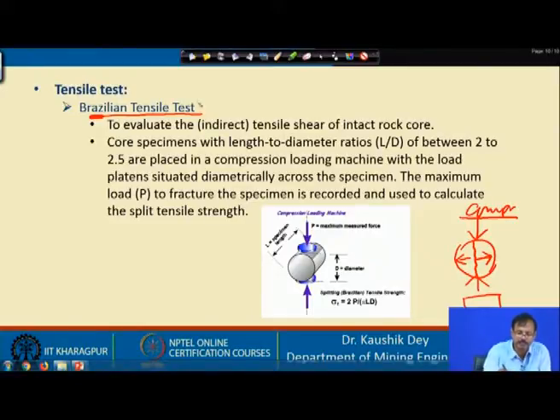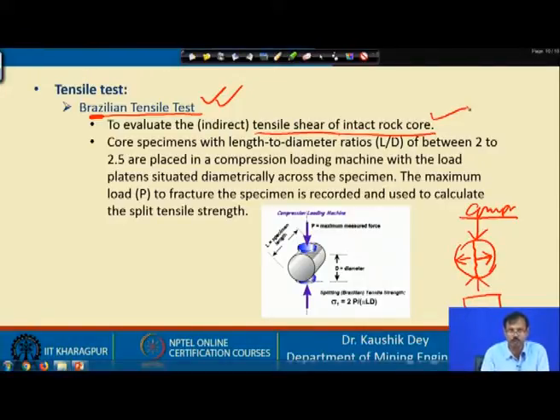So, the Brazilian tensile test is an indirect tensile strength measurement procedure, where the indirect tensile strength of the intact rock core is determined.